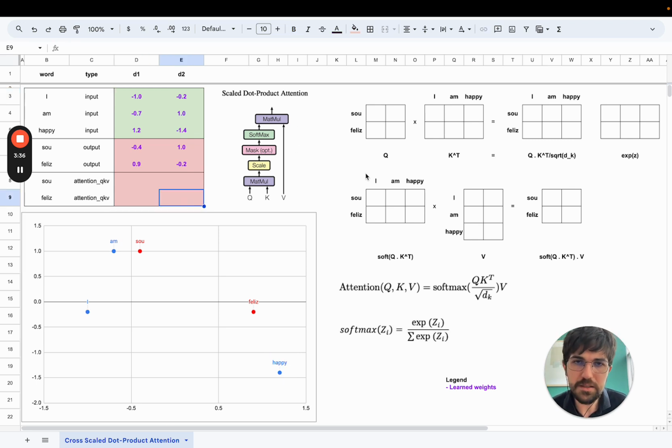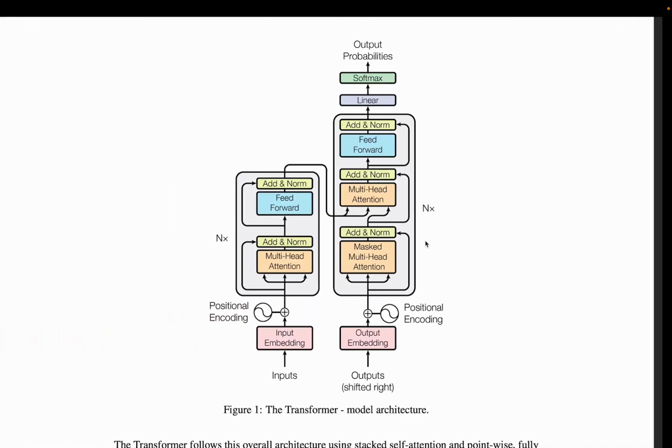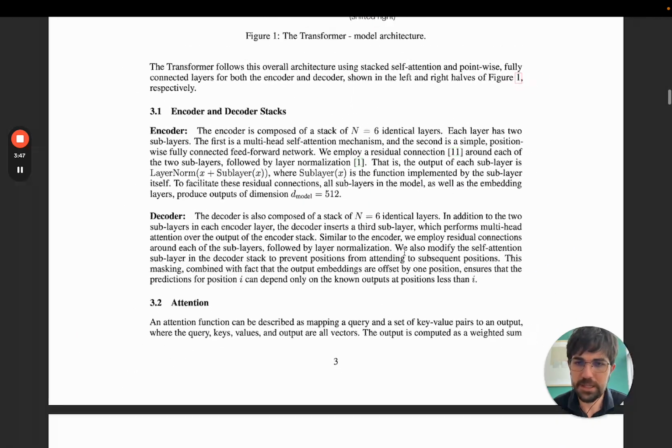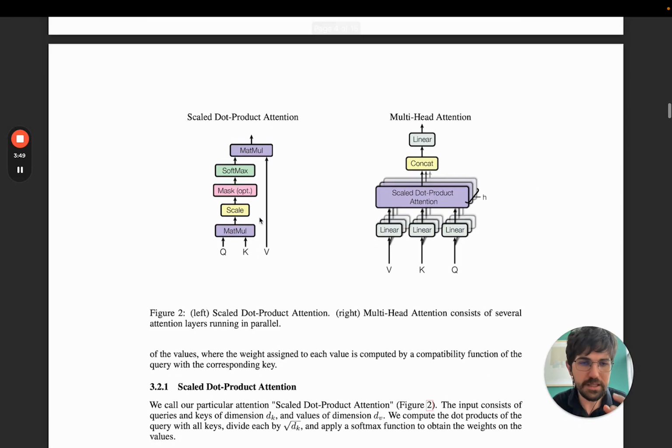Here I'll be replicating the equations that are applied in the paper. They give details on two implementations, the scaled dot attention and the multi-head attention.